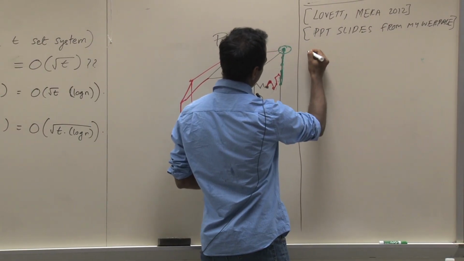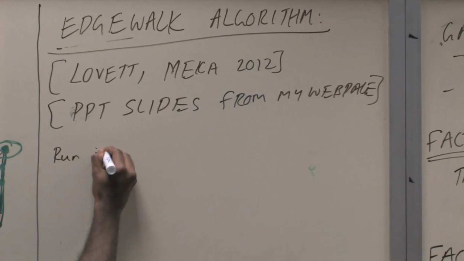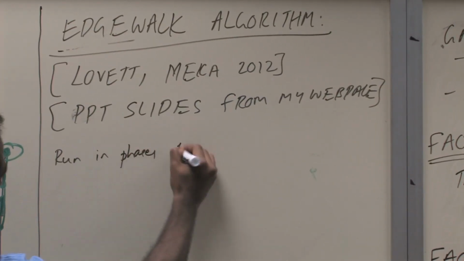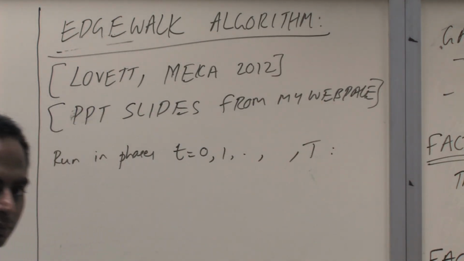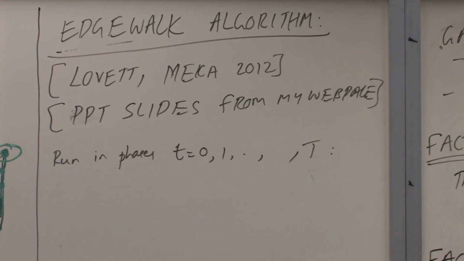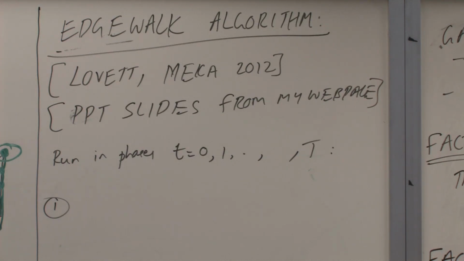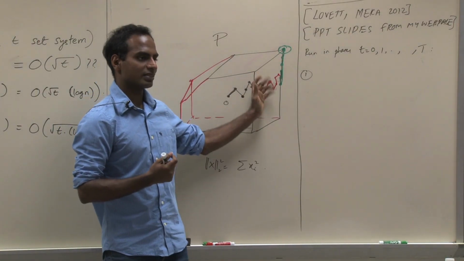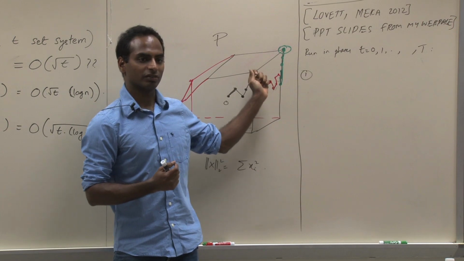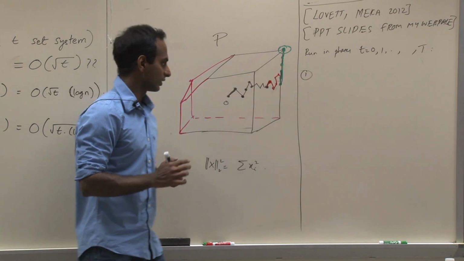So the algorithm is going to run in phases t equals 0, 1 up till some upper bound p. And there will be some parameters that we will get to in a little bit. The first thing to keep in mind is that I said you do this random walk until you hit a face, and once you hit a face, you keep walking within that face or that color constraint.